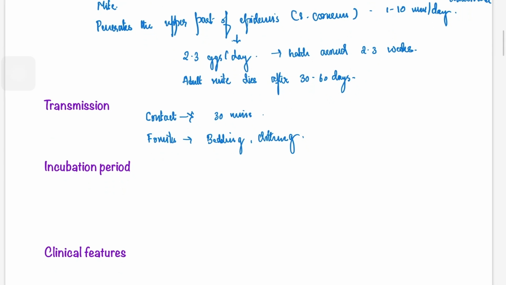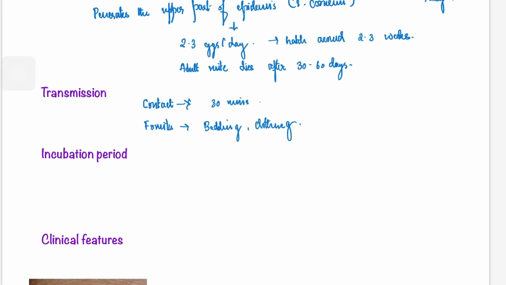So it is spread by contact and fomites, and it takes around 3 to 6 weeks for the manifestations to develop, because this is a delayed hypersensitivity reaction to the adult mite, eggs, and fecal pellets. So the body takes around 3 to 6 weeks to develop this hypersensitivity reaction and the clinical features. So the incubation period in primary infestation would be 3 to 6 weeks.